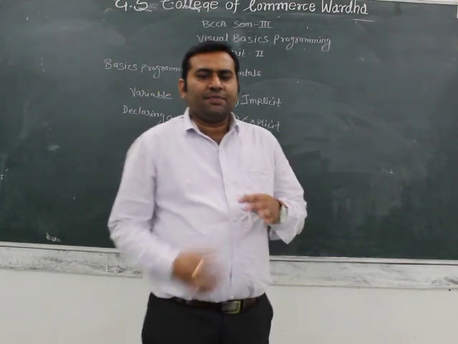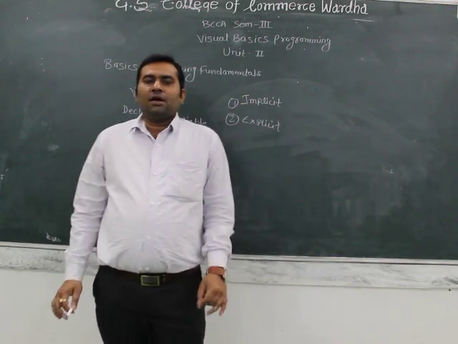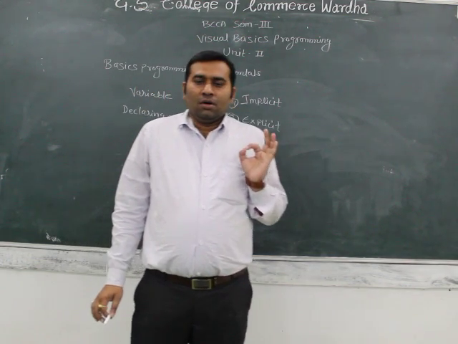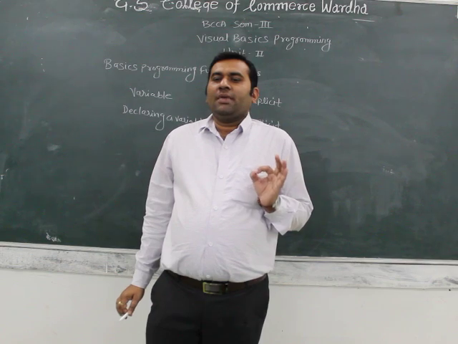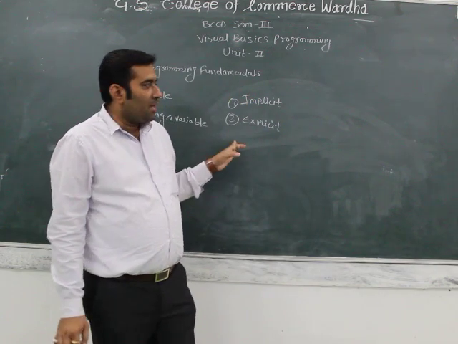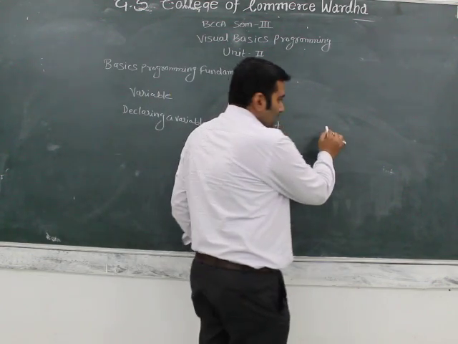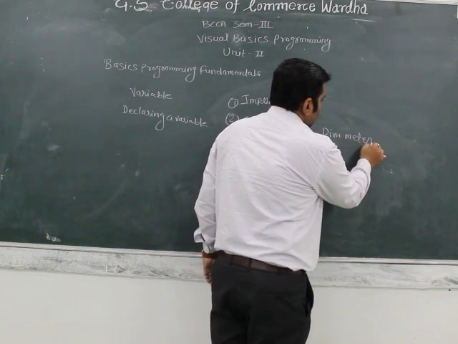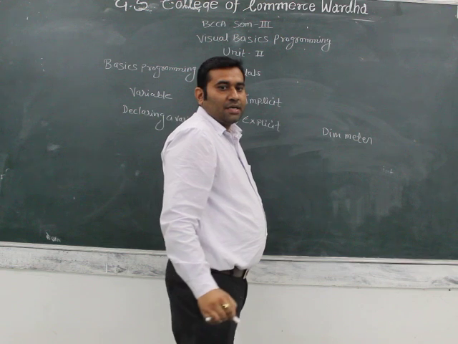Next is explicit declaration. To declare a variable, use the Dim statement followed by the variable name and a type, as follows: Dim meter as Integer.